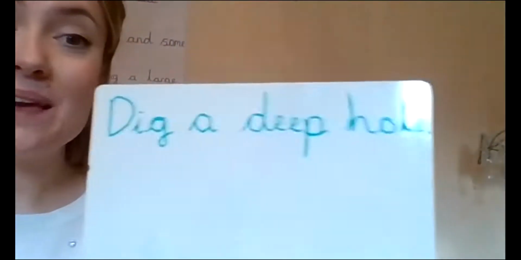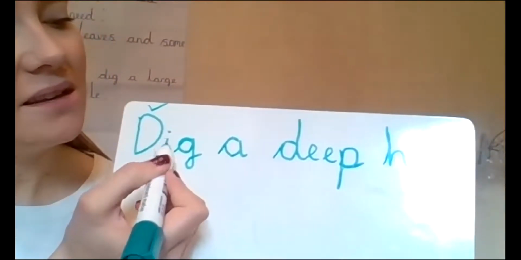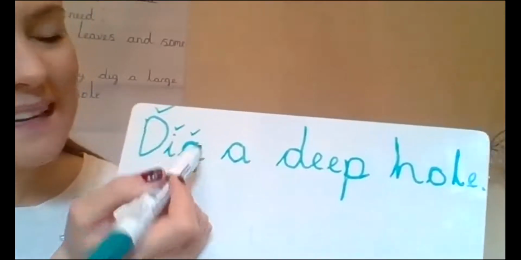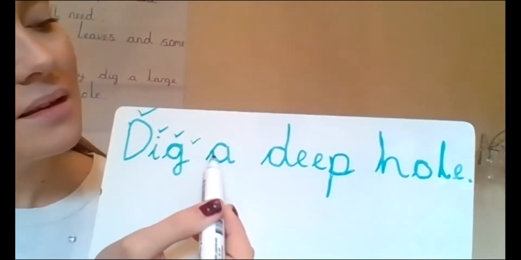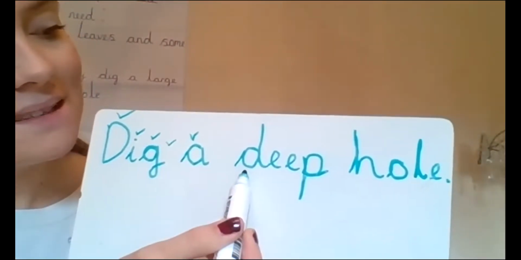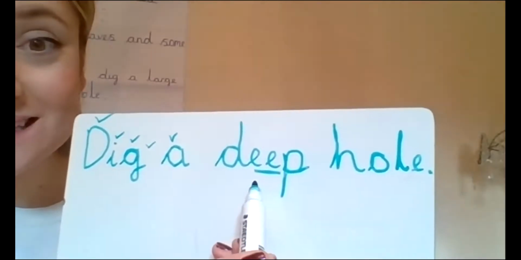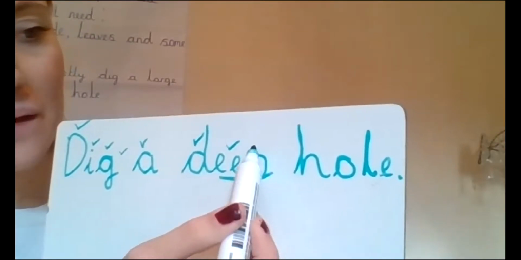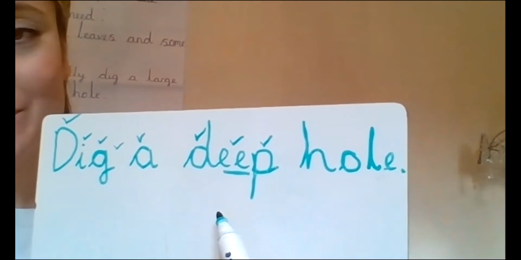Welcome back. Let's mark it together. So we have got capital letter, tick, D, I, G, dig, little tick for your finger space. A, tick, deep. E, underline your special friends. D, E, P, deep, tick or fix.